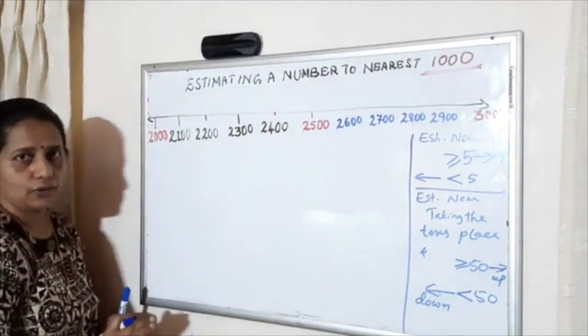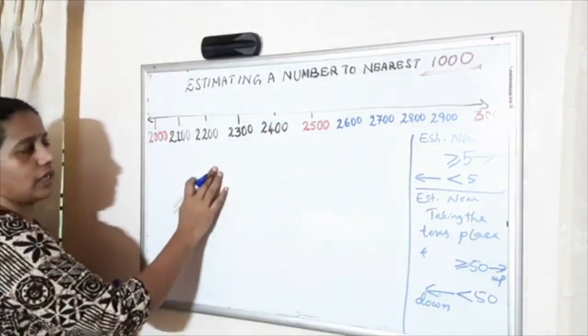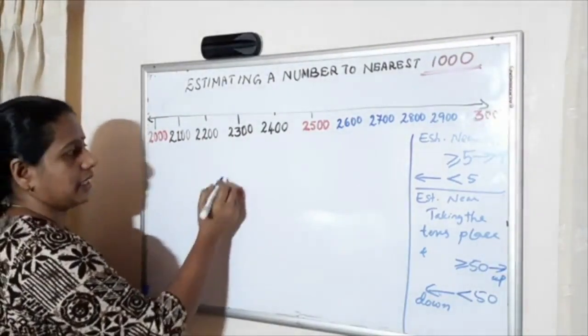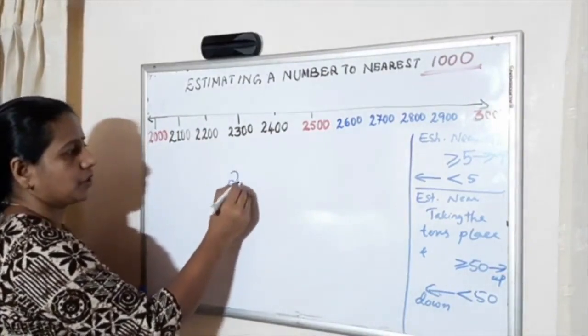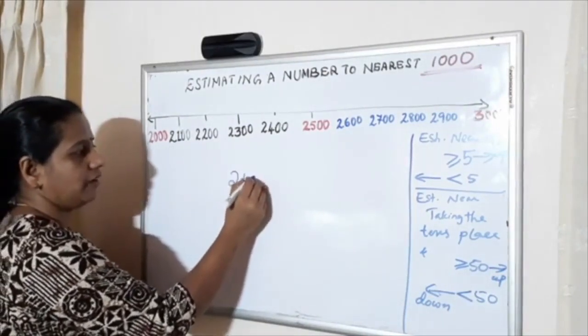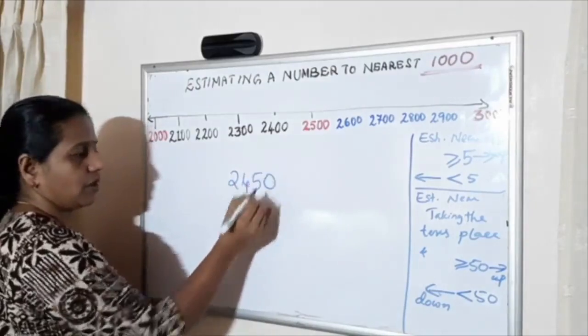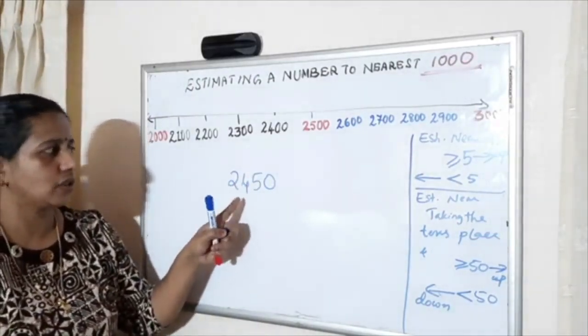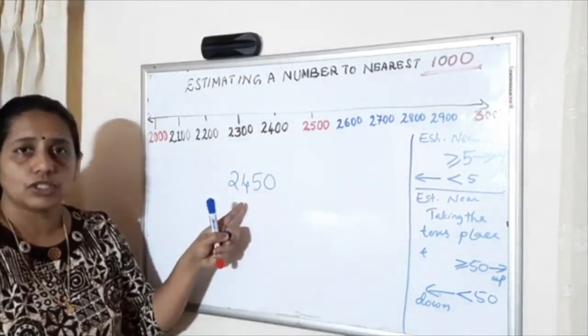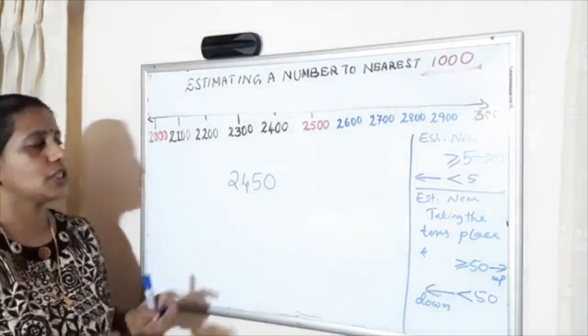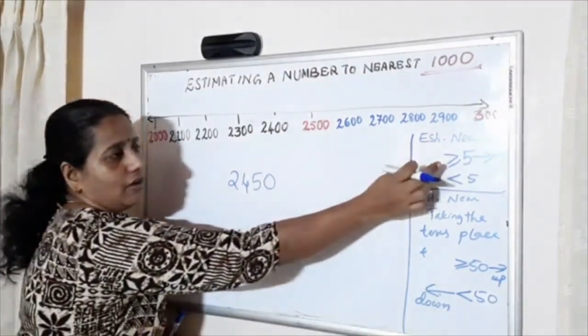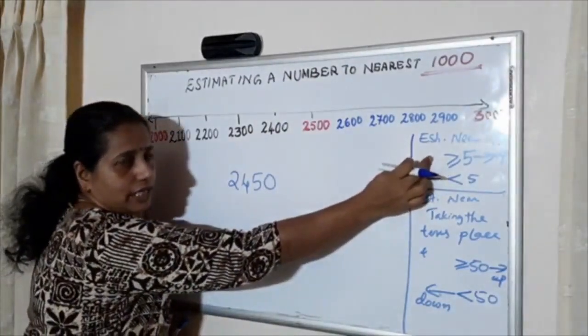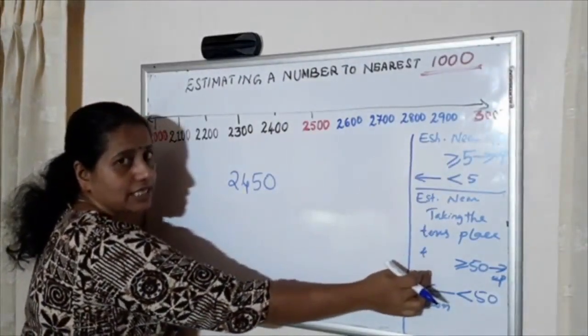Okay, next, nearest 1000. For example, I am taking the number 2450. Here we have to round it to the nearest 1000. If it is 10, take the ones place. If it is 100, take the tens place.